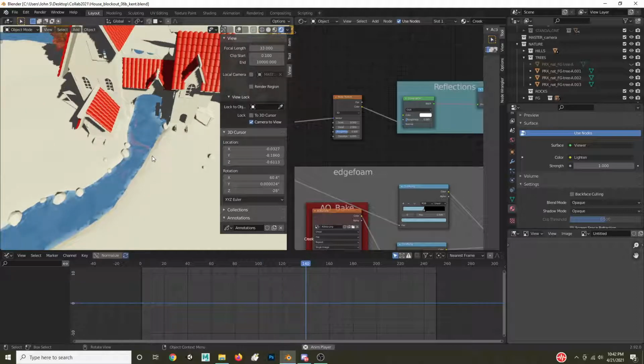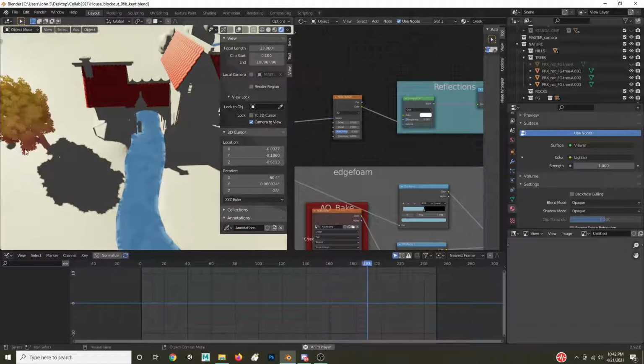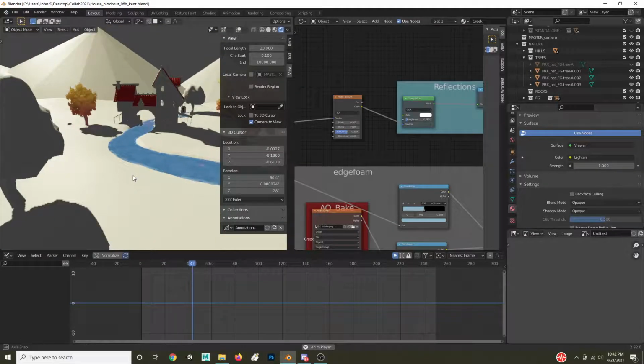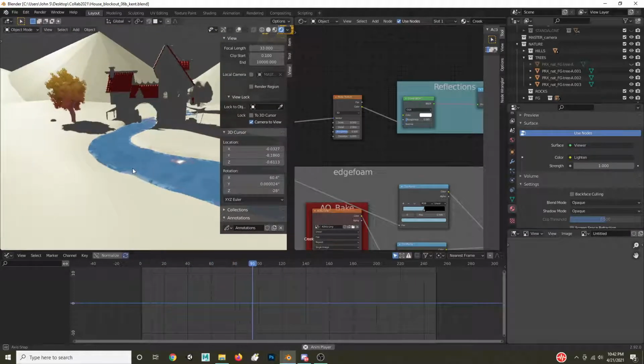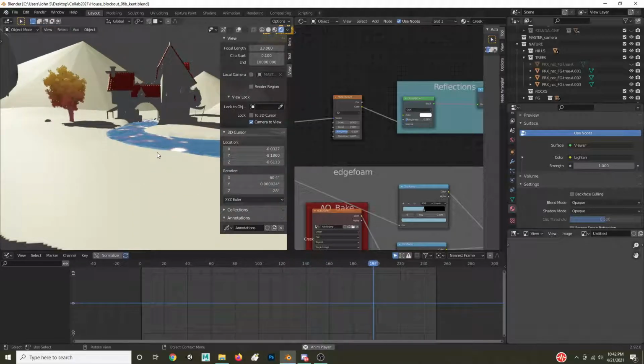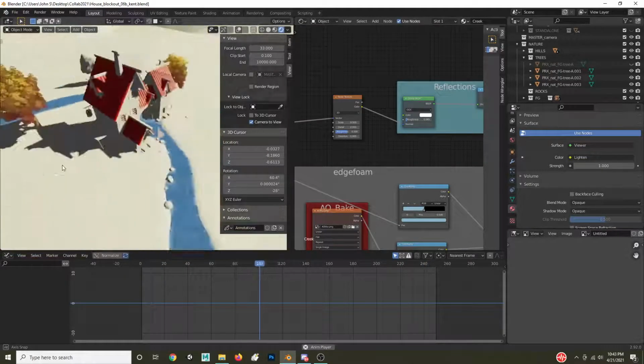The bigger problem I'm having is from this angle, you get very bright hotspots in the noise texture. You can see them here. And yeah, at certain angles, they're pretty awful looking. And so I'm wondering if there's a way to solve those.